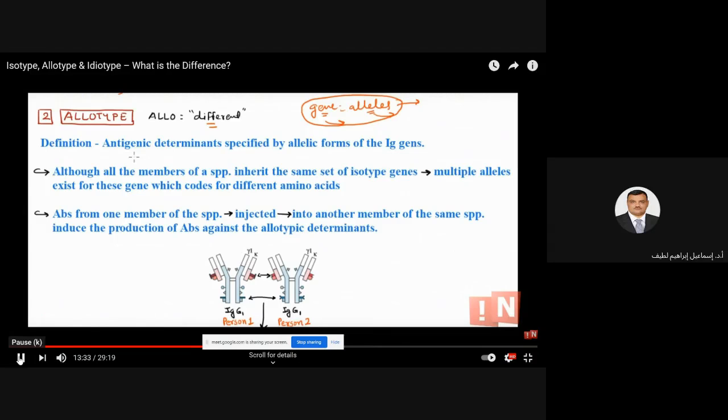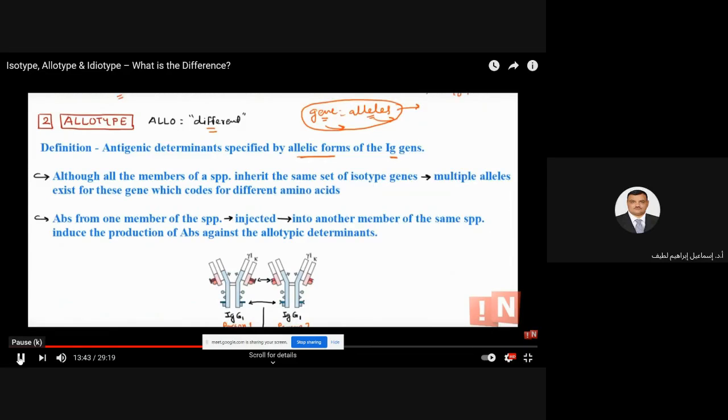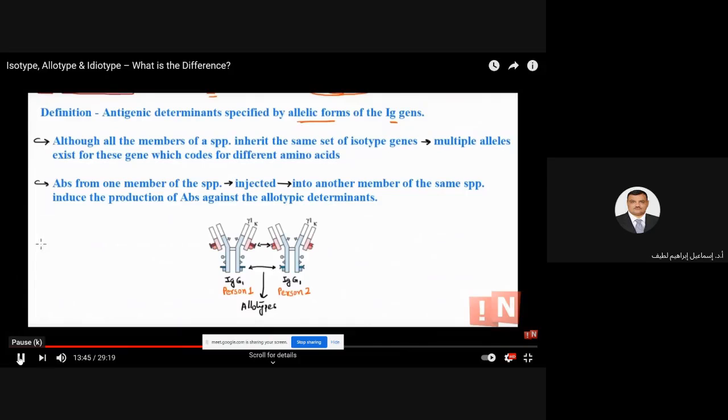Here the definition says: antigenic determinants that are specified by allelic forms of the immunoglobulin gene. Now we know that we have the 5 types of antibodies, but we might carry different alleles for that particular antibody. There might be a few amino acid changes in the molecule.